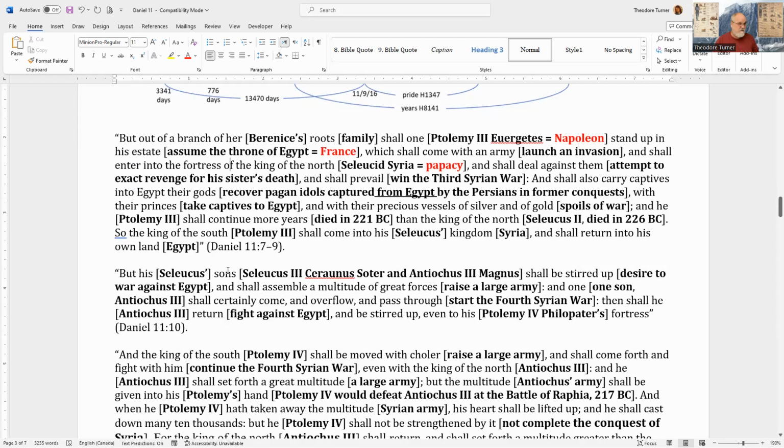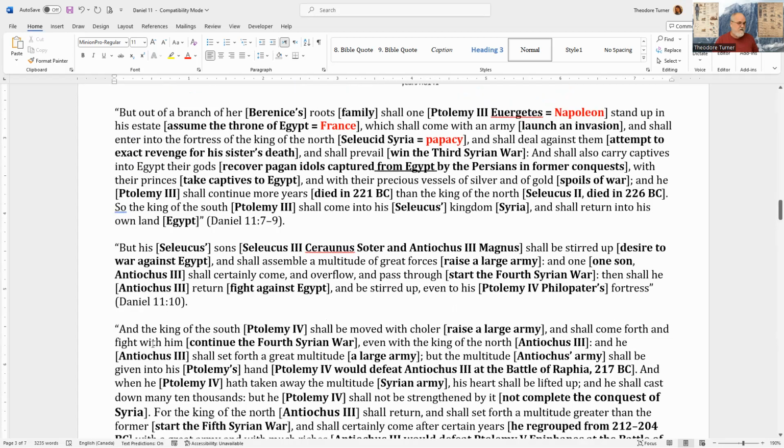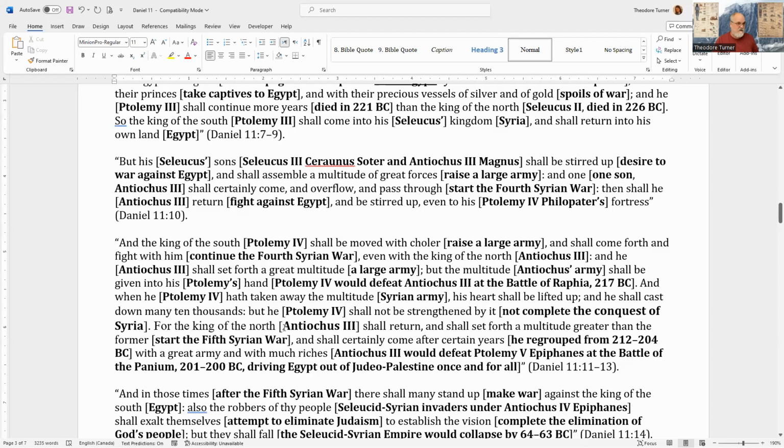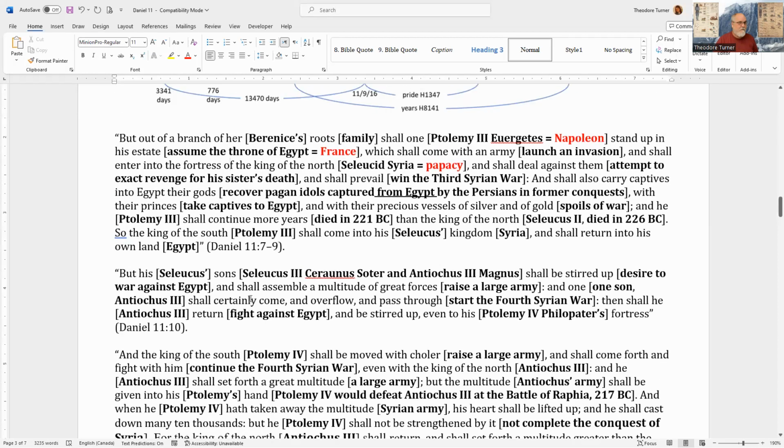Now, normally what we do is, right, because when we get to 11, we're going to have the Battle of Raphia, right? So I'm not really sure how to proceed. I guess we can just try things.